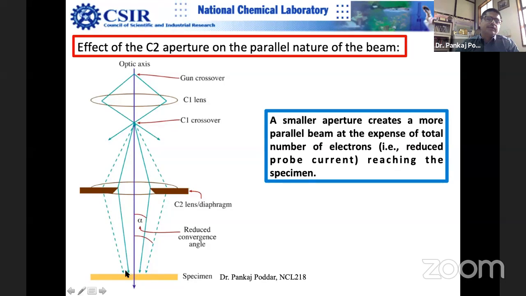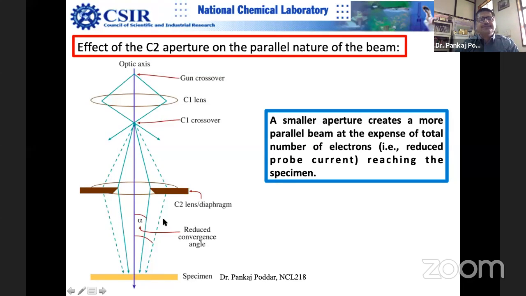So the diaphragm plays a major role. You can also use the diaphragm to make a parallel beam. Not only the lenses, the diaphragm also plays a major role in controlling the beam type, whether parallel or convergent.